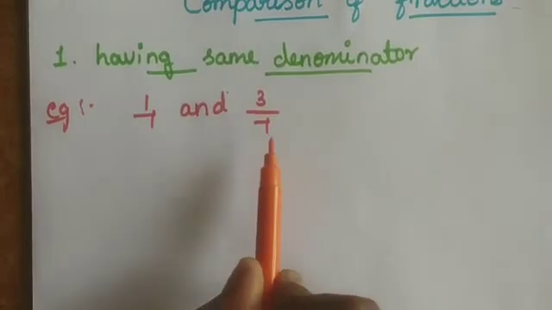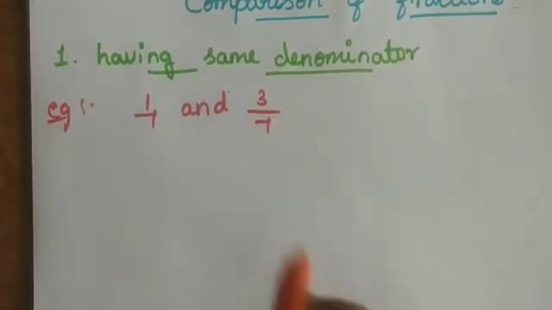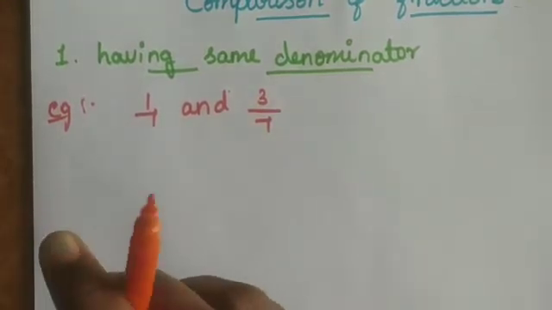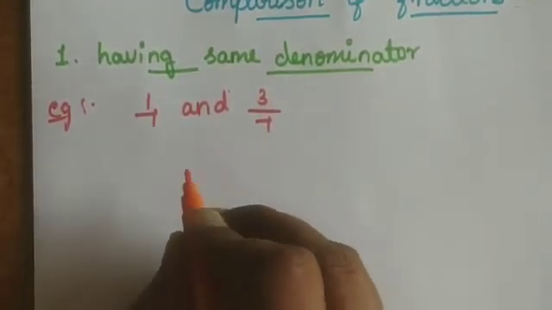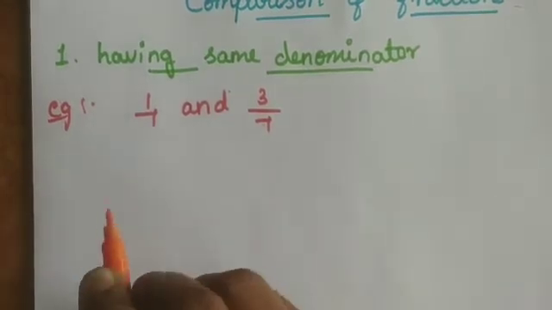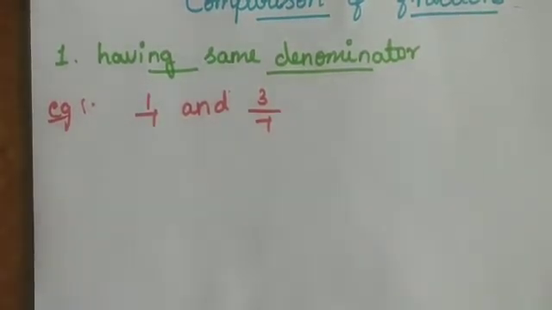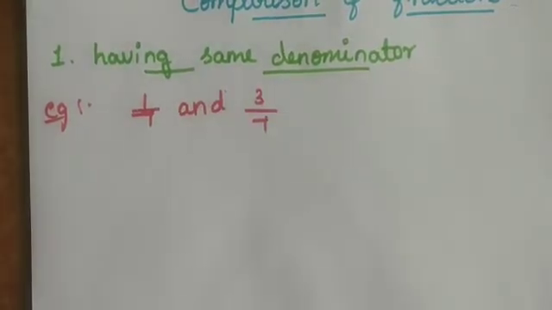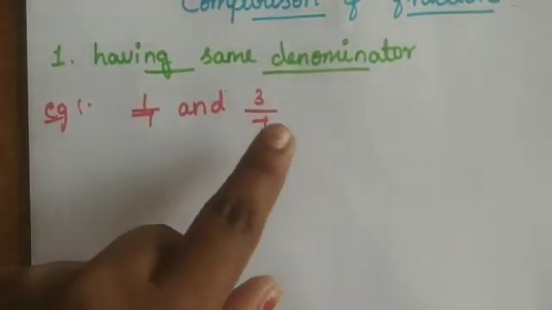Here both the denominators are the same, so now we have to concentrate on the numerator places. The denominator is the same, that is 7 and 7. In the numerator place there is 1 and 3.